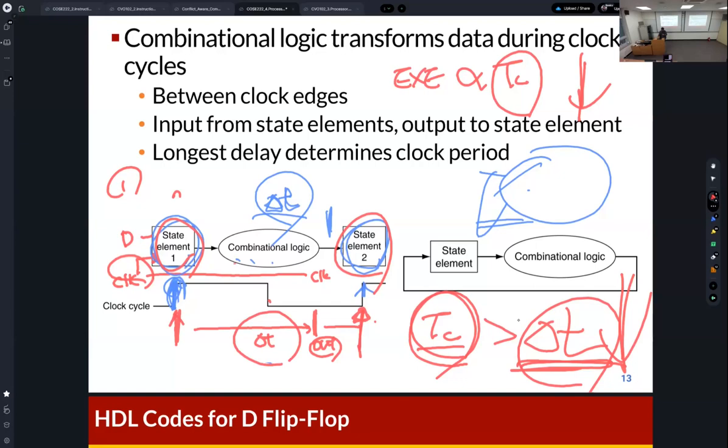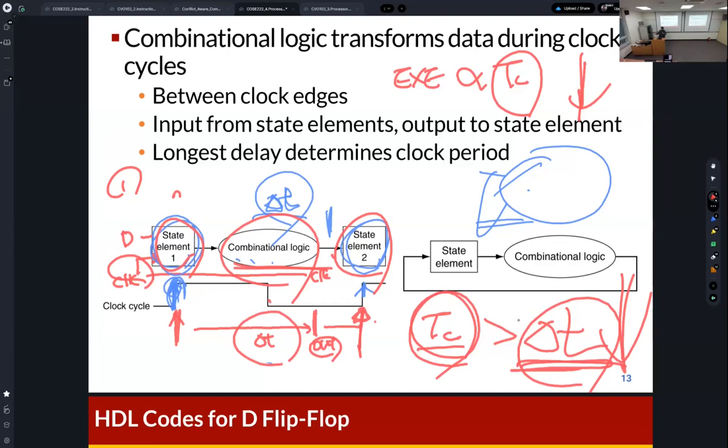We can also find combinational logic between these two D flip-flops, and the clock period needs to be longer than the total delay, the longest delay of this combinational logic. Which means that the delay of this combinational logic determines the clock period, right?